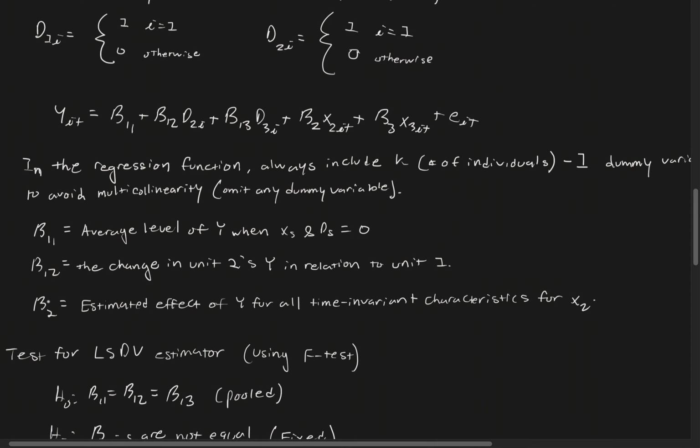And then this regular beta 2 is not part of the dummy variables, so that's just applying to all individuals, not just the dummy variables here.